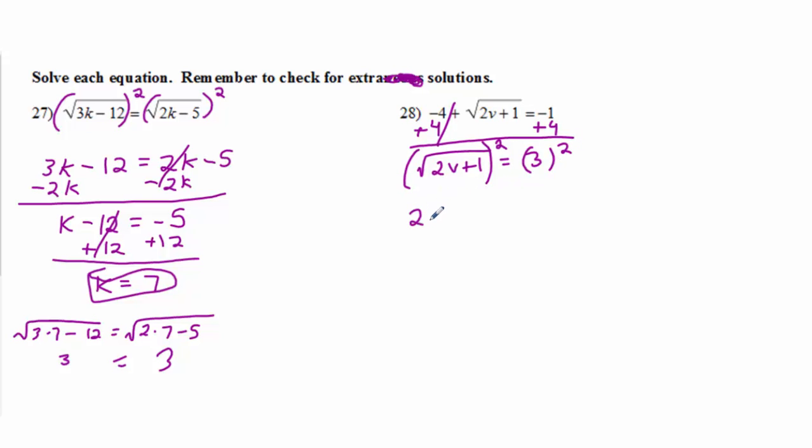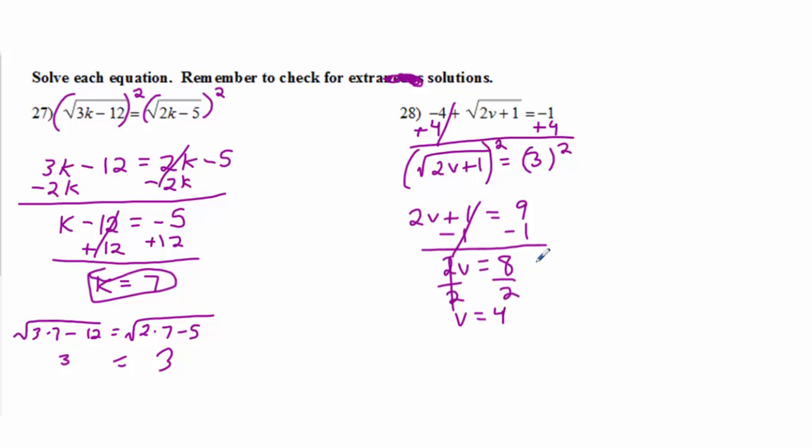So that leaves me with what's under the square root, which is 2v plus 1, and 3 squared, which is 9. So I'm going to subtract 1 from both sides and get 2v equals 8. Then divide both sides by 2 and get v equals 4.